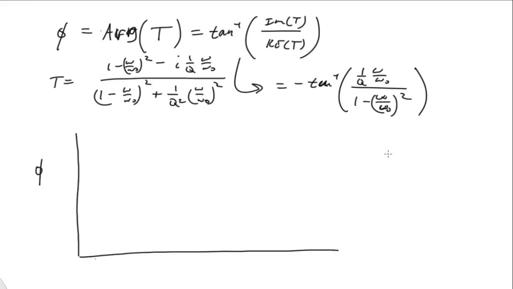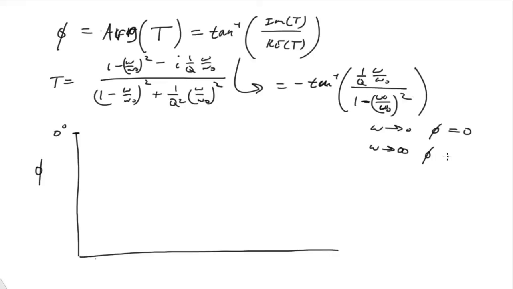And now let's look at omega going to 0. So omega going to 0, we get clearly the phase is equal to 0, right? So up here, I'm going to put that 0 degrees. And now for omega going to infinity, we're going to get a slightly different thing going on here. It looks like this is going to 0, but it's also doing something a little interesting, because this term is dominating, but it's negative.